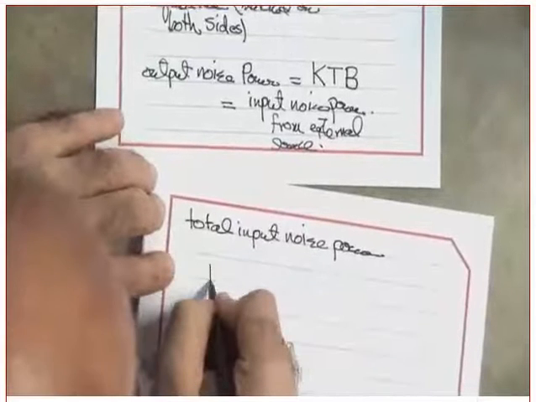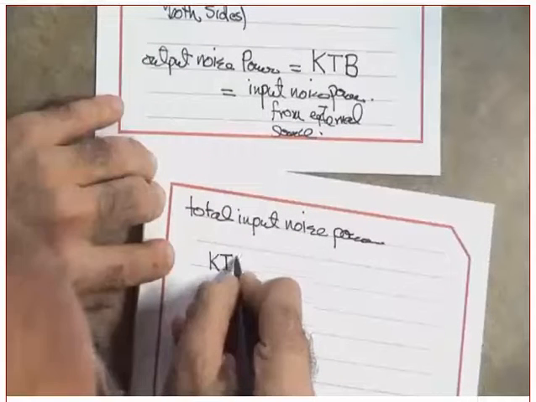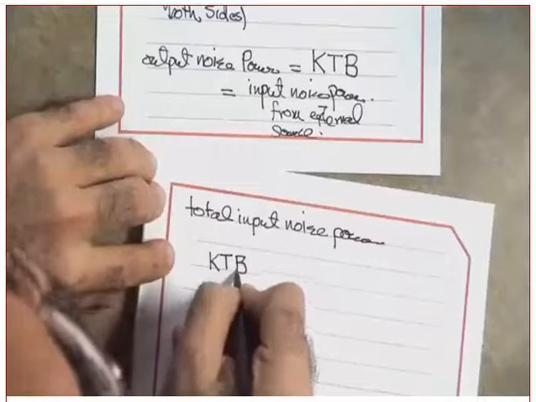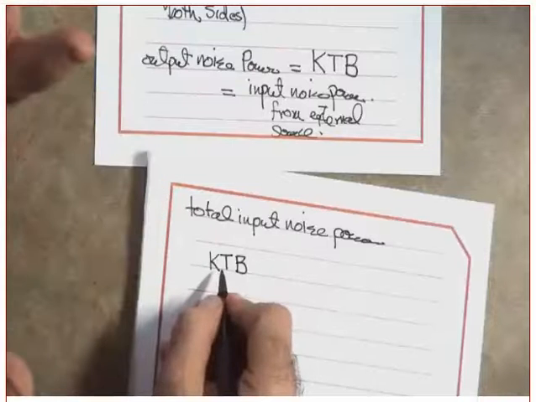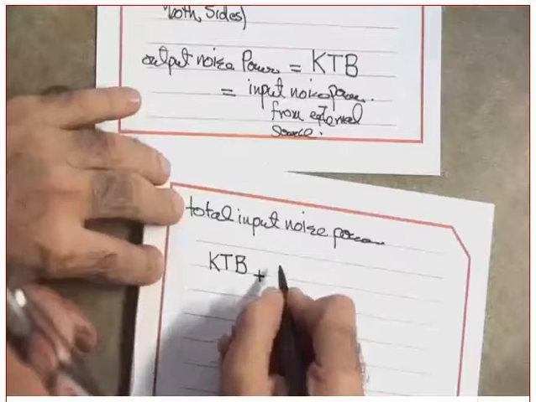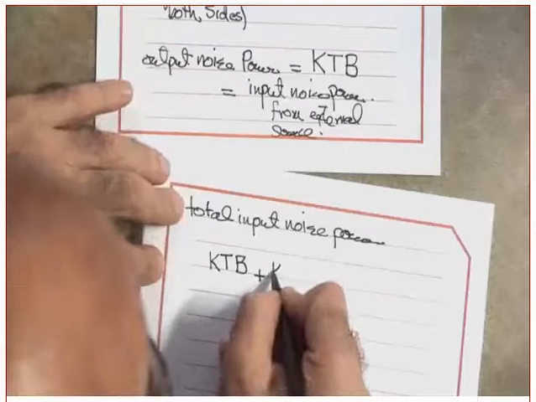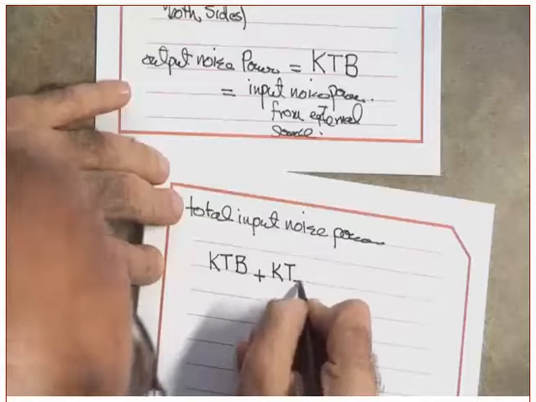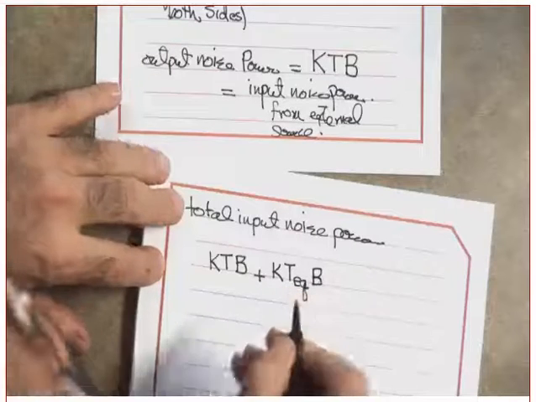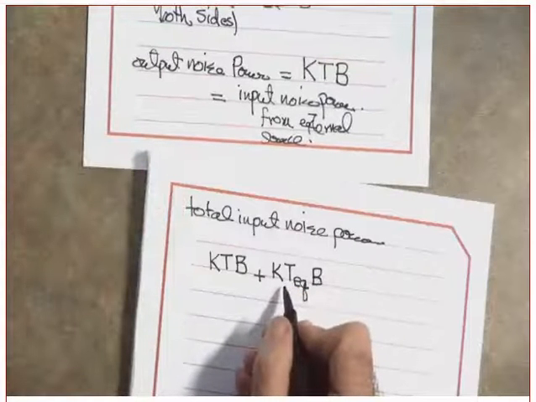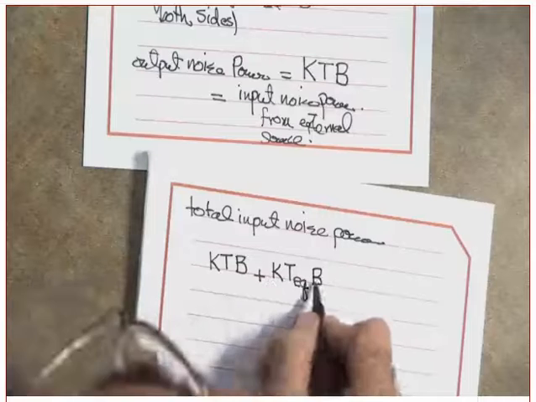It's kTB. Is this room temperature? No, it's kTB plus k T equivalent B. What is this term?